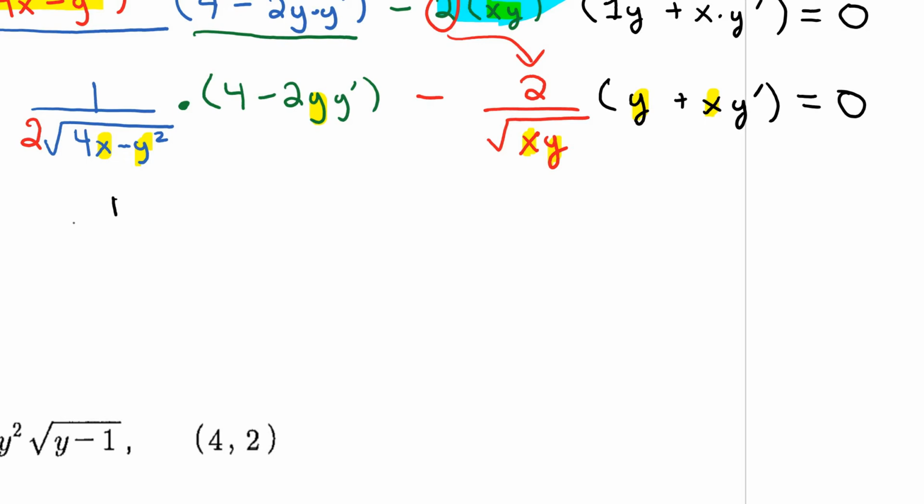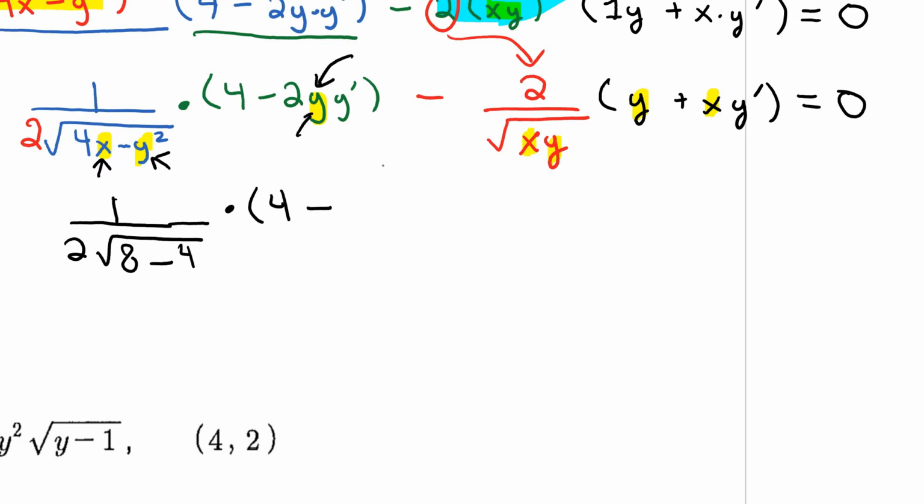So this is 1 divided by 2 times. All right, so if I plug in a 2 for this x here, that'll be 4 times 2, which is going to be 8, minus, if I plug a 2 in for this y, that'll be 2 squared, which is 4, times 4 minus, and if I plug in a 2 here, that'll be 2 times 2, which is 4, so 4 times y prime, close the bracket, minus 2 over.